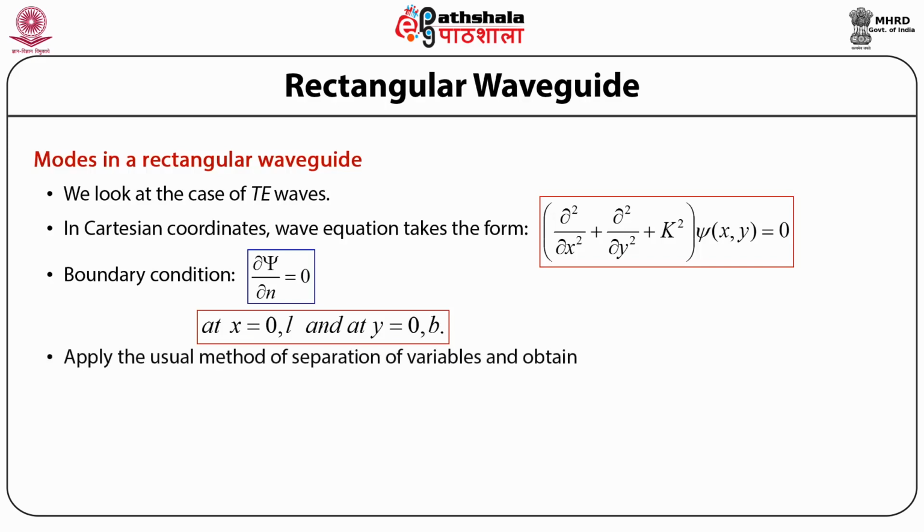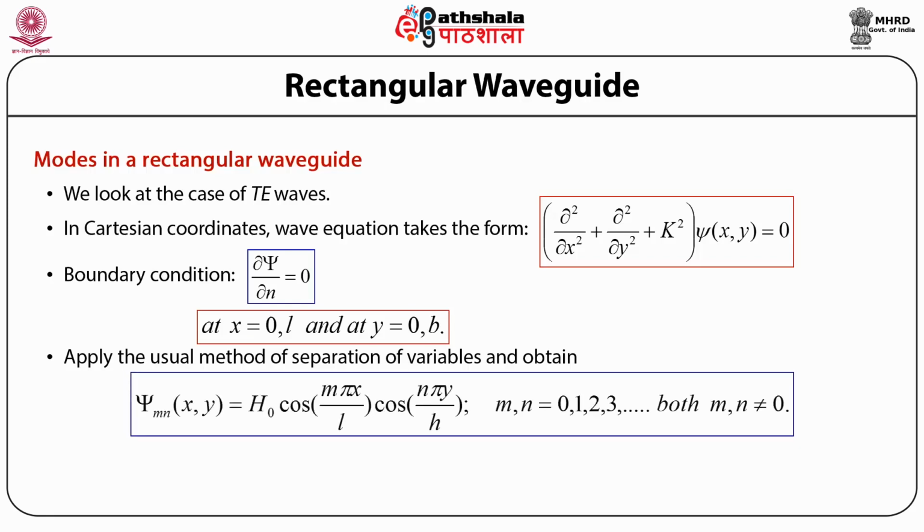Applying the usual method of separation of variables, we obtain the wave function psi subscript mn as a function of coordinates x and y, equal to h naught times cos of m pi x by L times cos of n pi y by b, where m and n are integers which take the values 0, 1, 2, 3 and so on, and m and n are not both equal to 0.